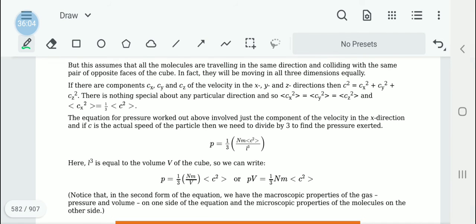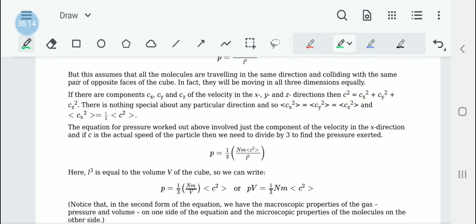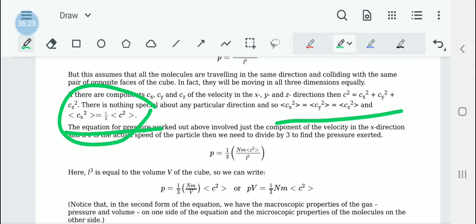Please write this part, that is c squared equals cx squared plus cy squared plus cz squared, and from that you can get this equation. I hope that makes sense to you.